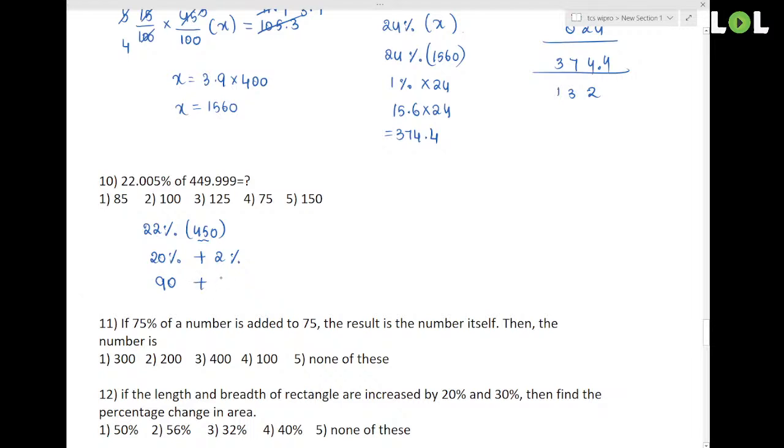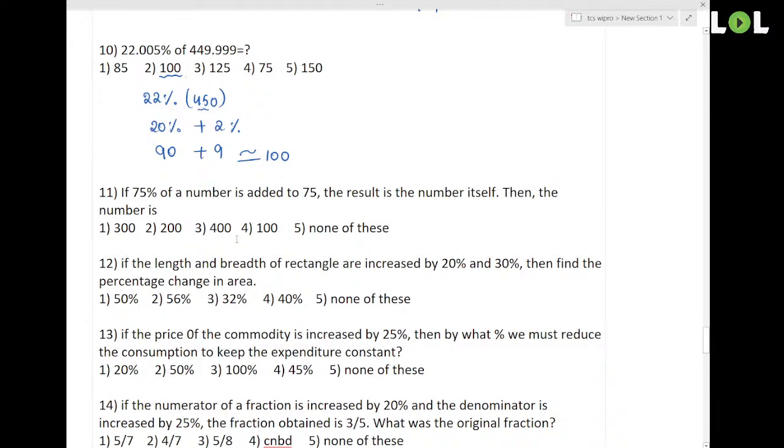Don't calculate 2% directly. Write it directly, 9. Why? If you divide 20% with 10, you will get 2%. 20% is 90. Divide with 10, you'll get 9. So approximately, look at the closest option. What do we have? 100. So that will be my answer. 100 is my final answer.